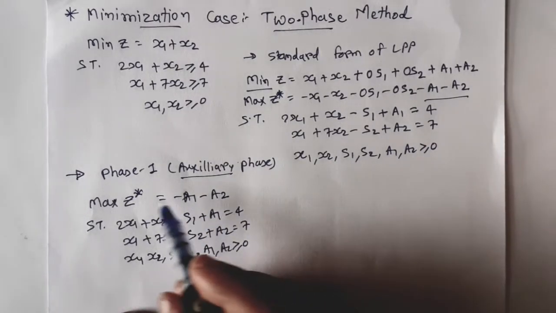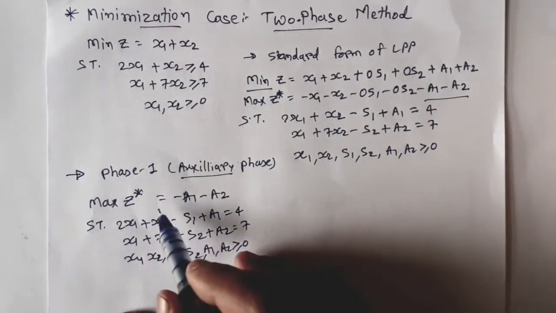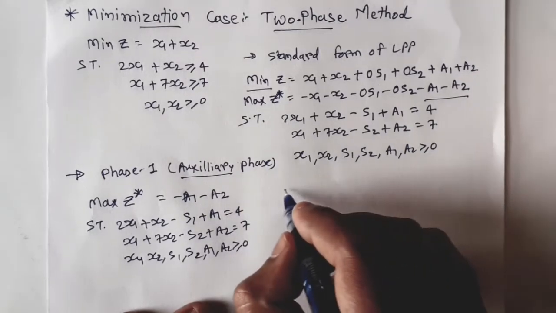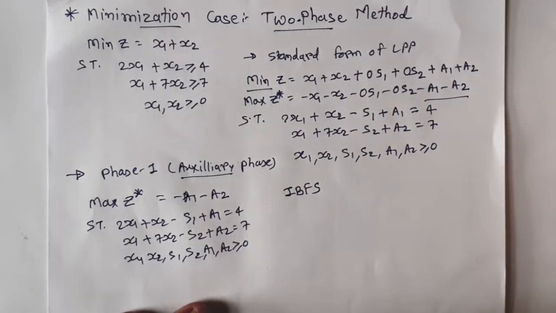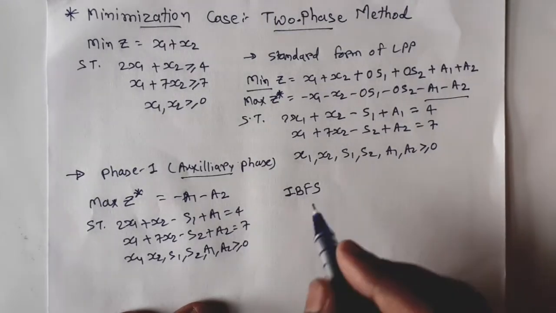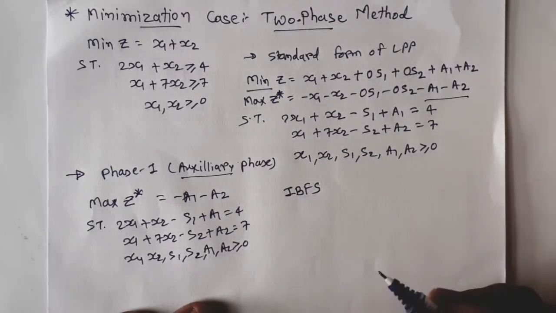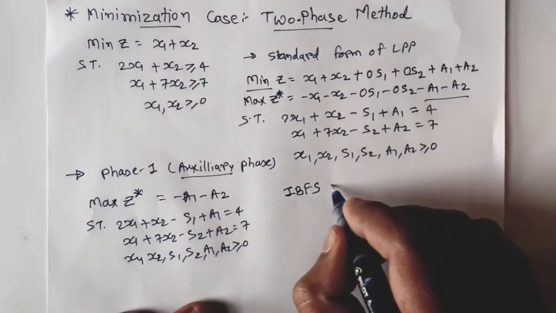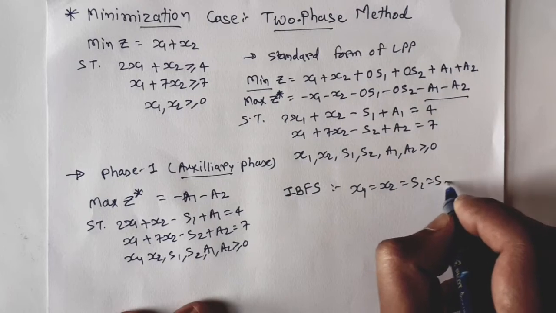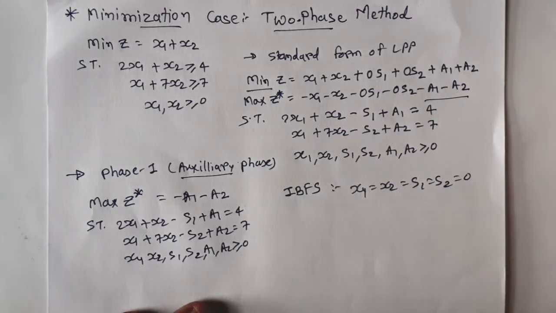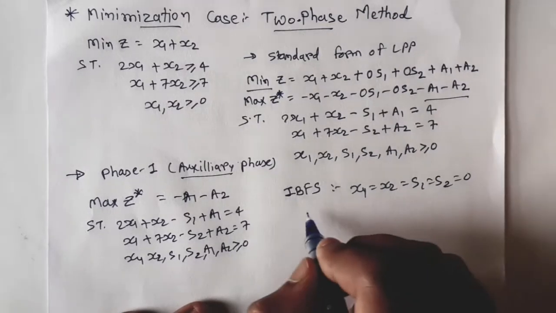Now, after converting the problem into the auxiliary phase, we go for the IBFS, which is the third step of the solution. In the IBFS, we put x1 equal to x2 equal to s1 equal to s2 equal to 0. Then the solution we get is called the IBFS, the initial basic feasible solution.